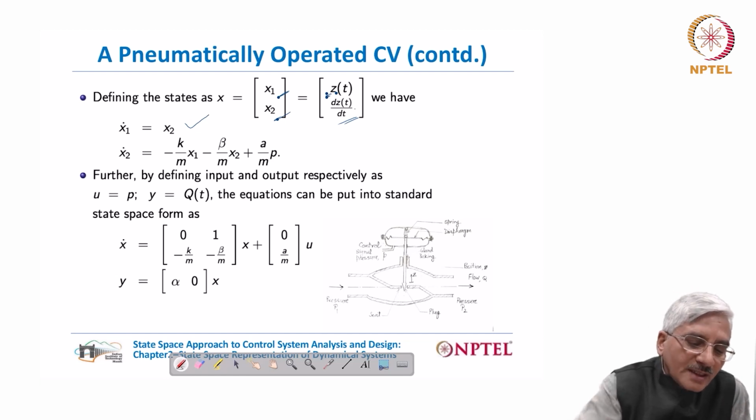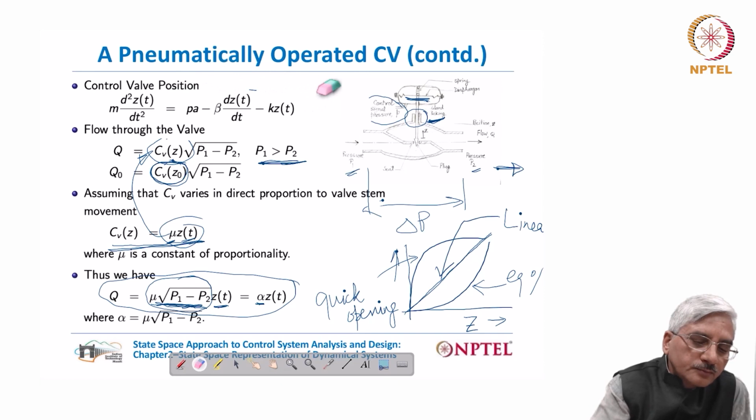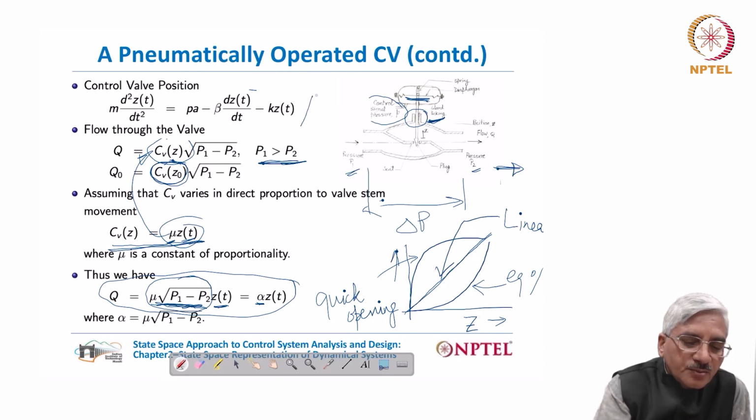And this second equation comes from this equation. What we do, dz by dt is the second state. So d2z by dt2 is the derivative of the second state.